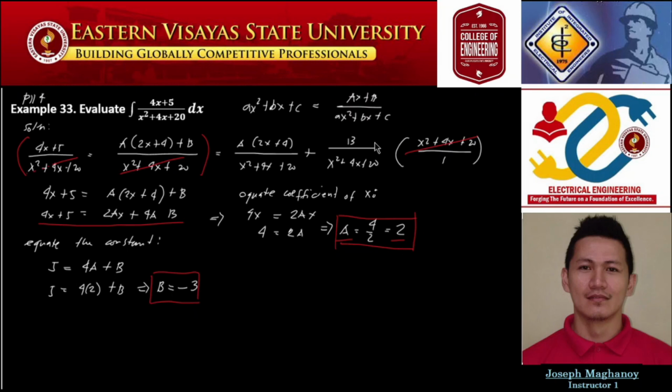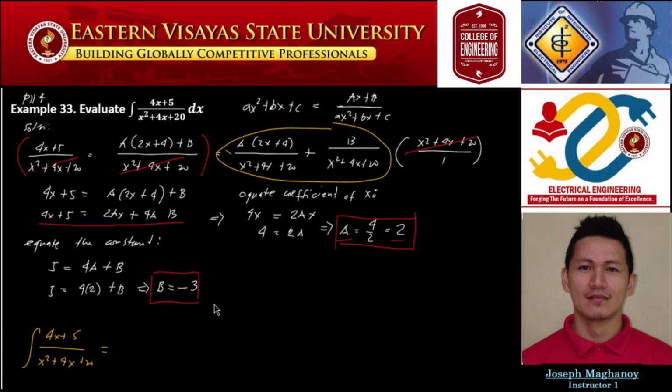Can use this partial fraction decomposition. See, if we rewrite, that's the integral of 4x plus 5 all over x squared plus 4x plus 20.